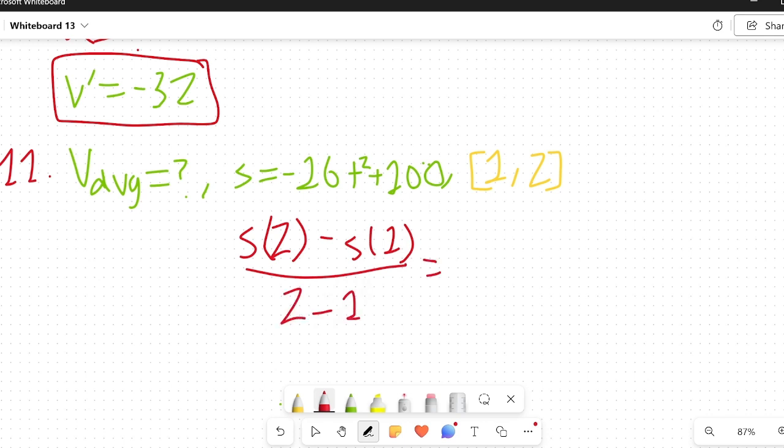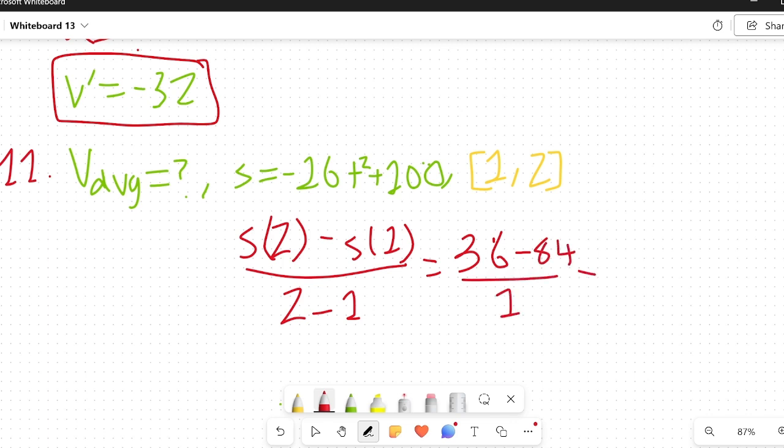And if we plug in 2 for this, we'll get negative 64 plus 100, which is going to be 36, right? And then if we plug a 1 in there, it's going to be 84. So it's going to be 36 minus 84 over 1.